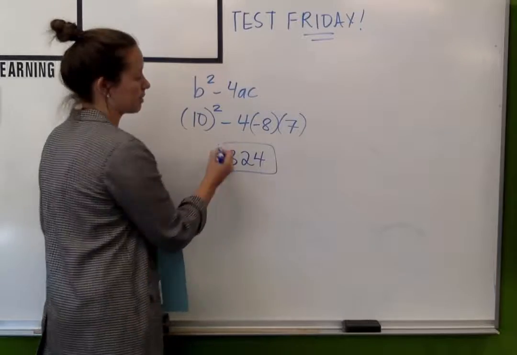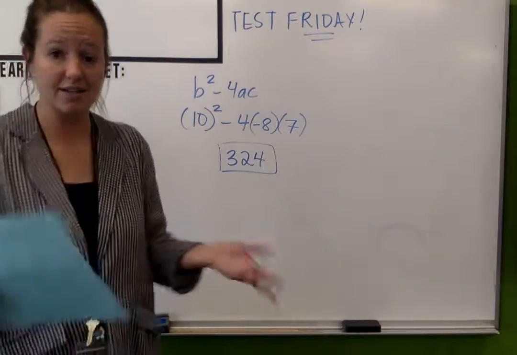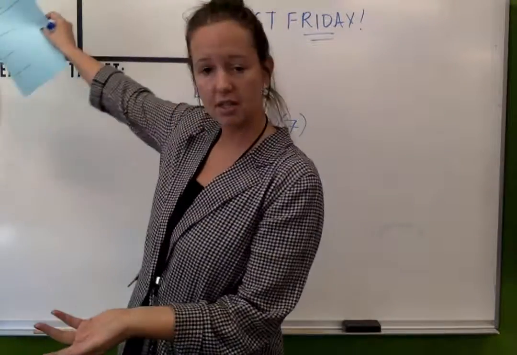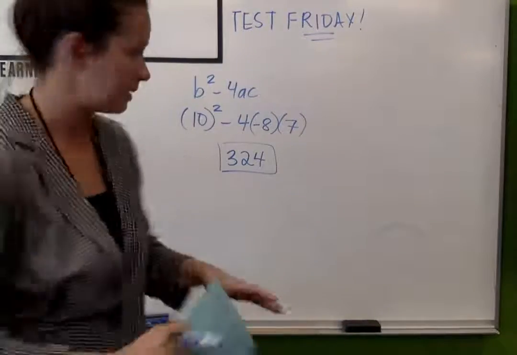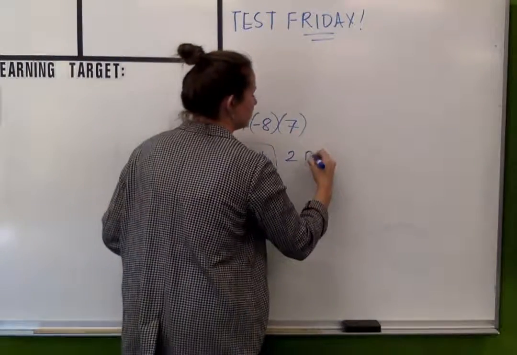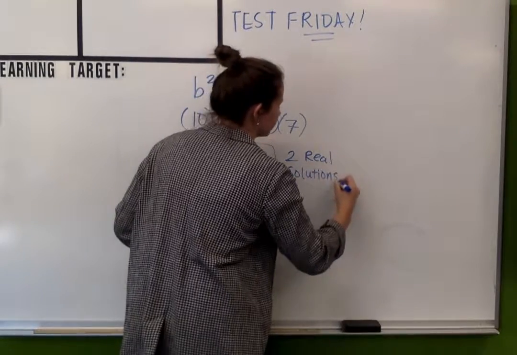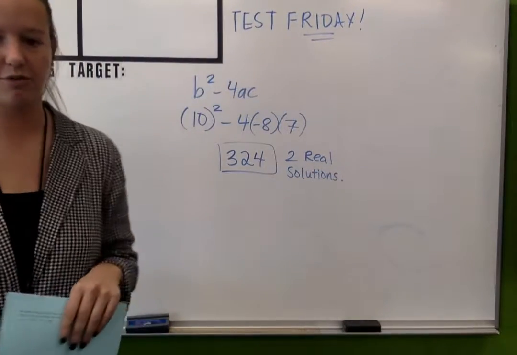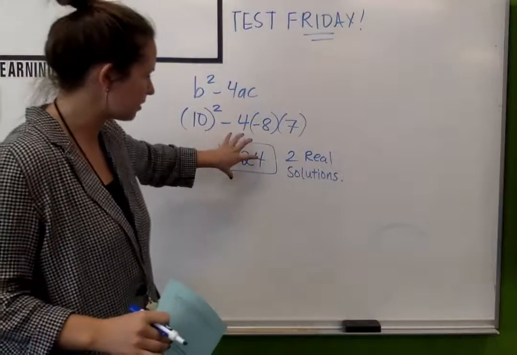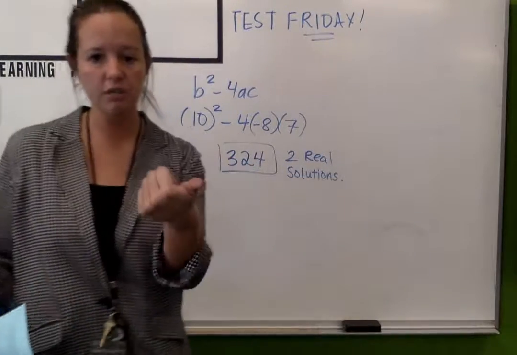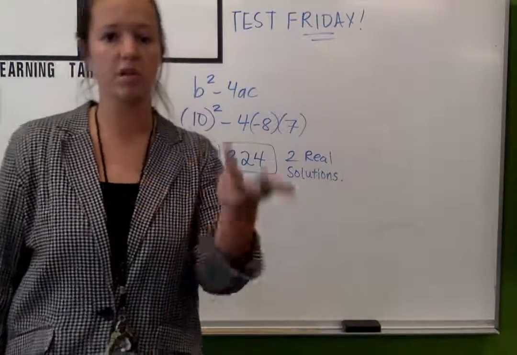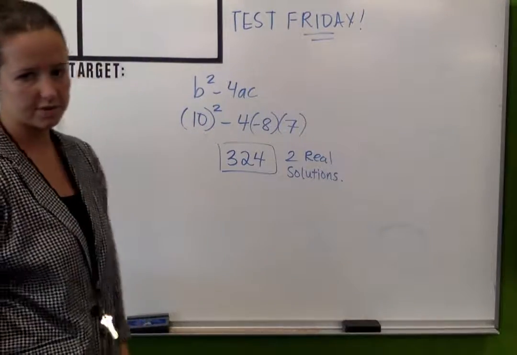So that is called your discriminant, and check the poster: if you get a positive discriminant, that means you have 2 real solutions. That's what I'm looking for on the test, is to find the number and then tell me if it means I have 2 real solutions or 1 real solution or no real solutions.